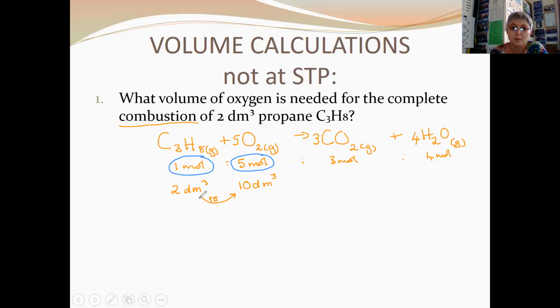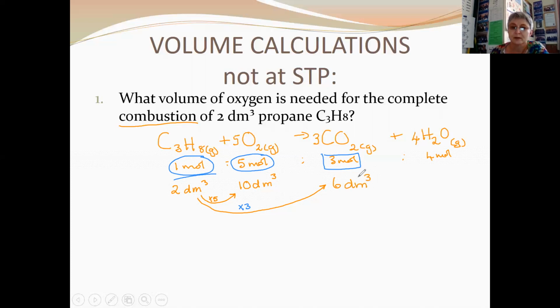From propane to carbon dioxide, 1 mole of propane gives us 3 moles of carbon dioxide. So times 3 to get the volume of the carbon dioxide formed. That will give us 6 cubic decimeters.